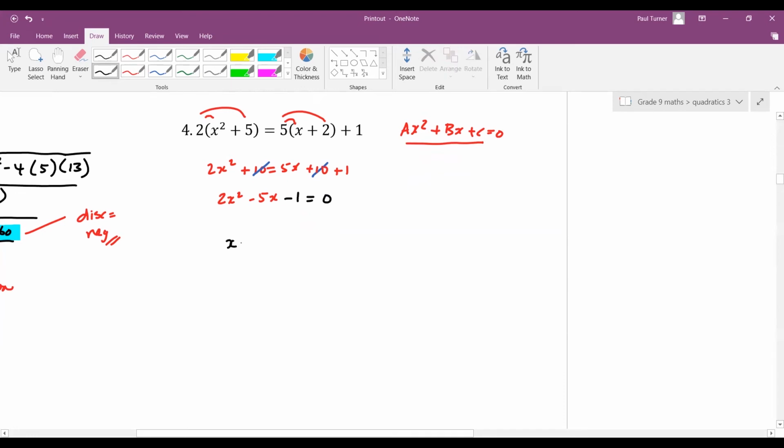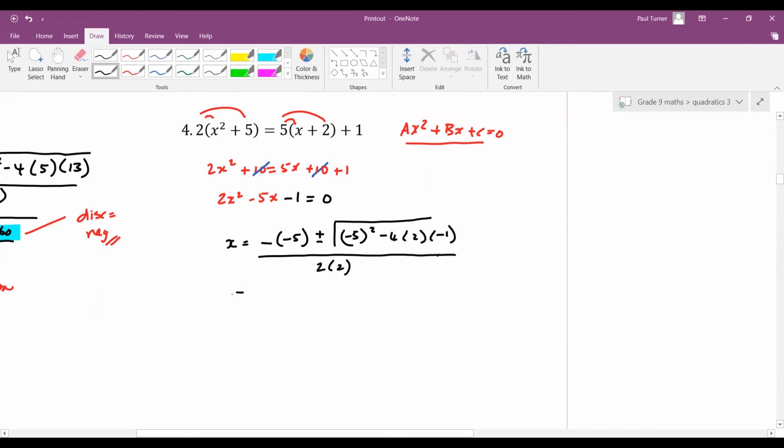So x equals minus b, minus negative 5, plus or minus the square root of b squared, minus 5 squared, minus 4 times a times c, all on 2a, 2 times 2, like that.